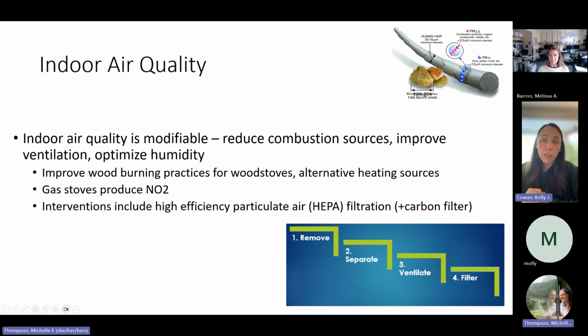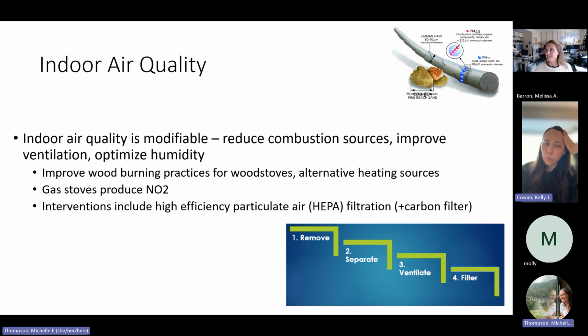So if someone has especially an older wood stove that's putting excess particulate matter in the home, removing that and changing heating source or swapping out to something that's producing less particulate matter would be better. Separating, like not having the pet in a child's bedroom. Ventilate, so if you can improve ventilation in the home or filter it out would be the steps that are ideal to get rid of it.